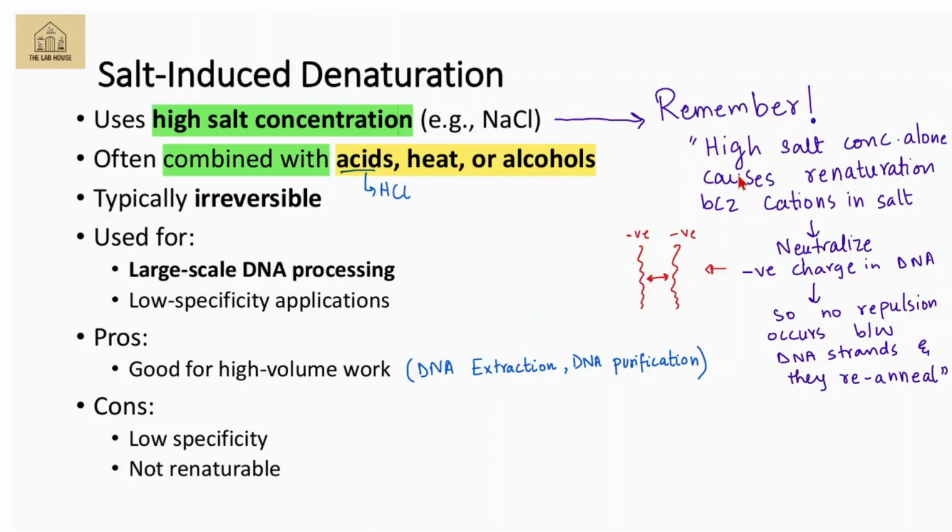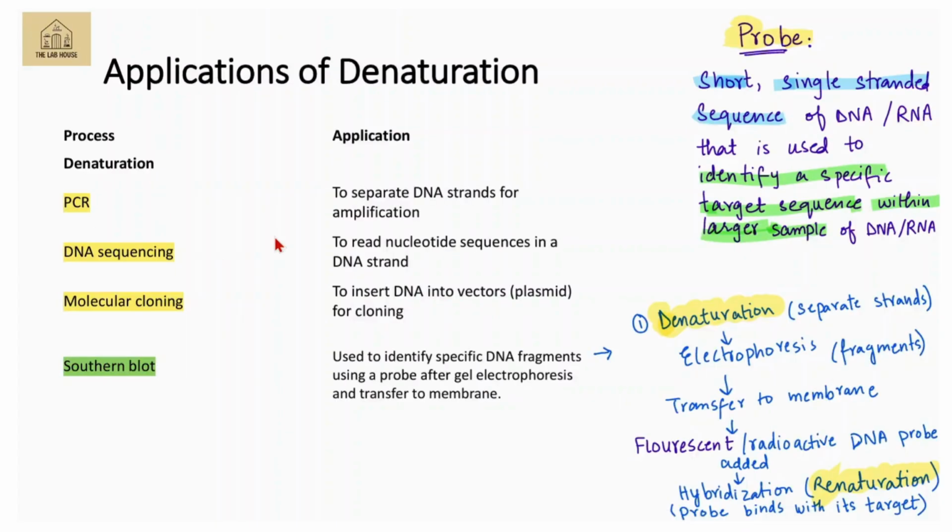But in case of high salt concentration, the cations, positive ions present in salt, will neutralize the negative charge. So there will be no repulsion and the DNA strands can rejoin again. The salt induction denaturation method is used for large-scale DNA processing when a large amount of DNA is required, for example in DNA extraction or DNA purification techniques.